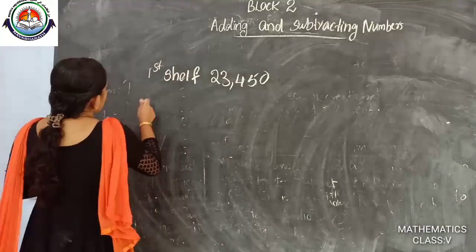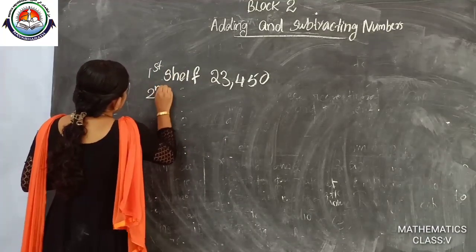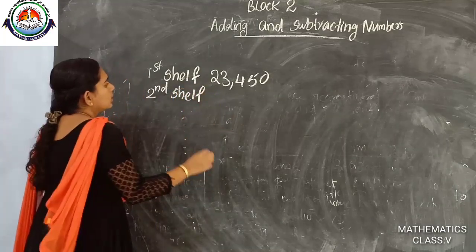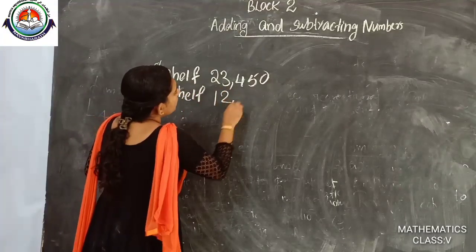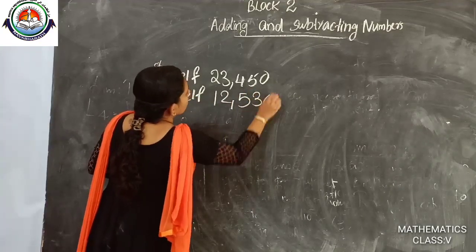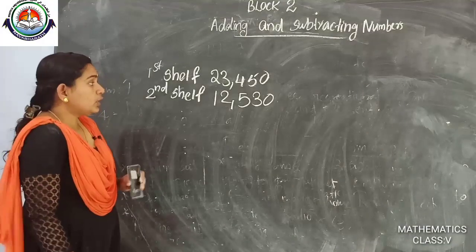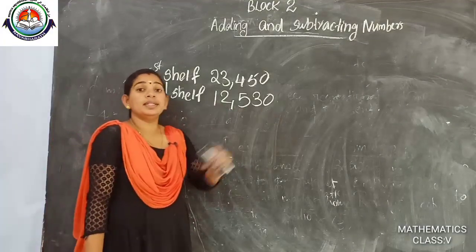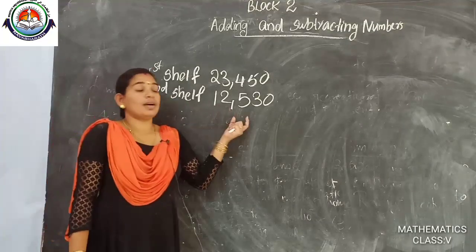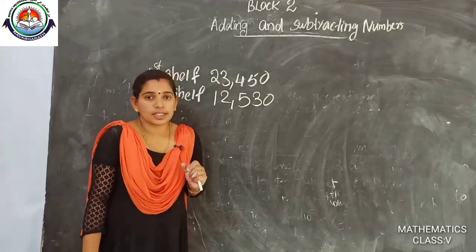In the second shelf, 12,530 toffees are there.